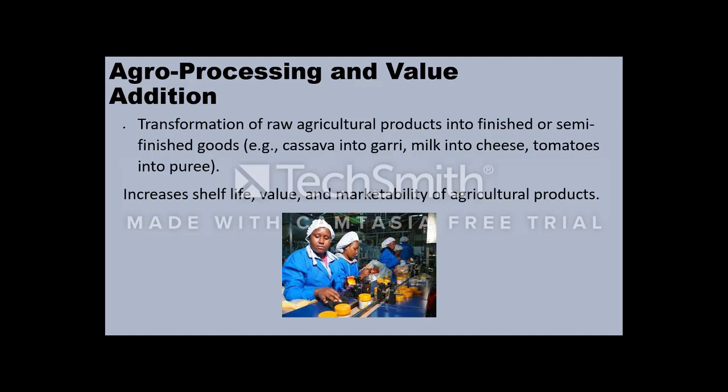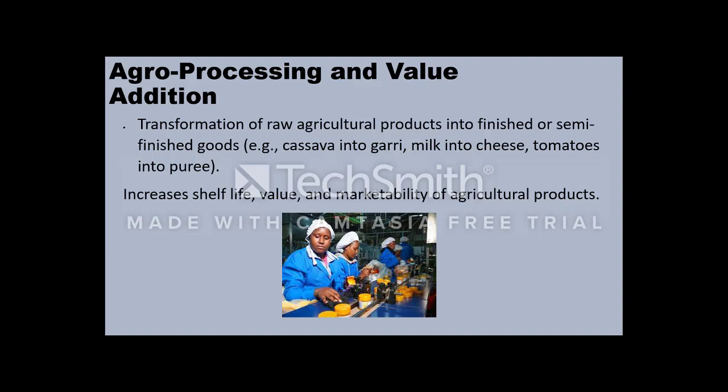For example, selling your cassava tubers fresh, because they can easily go bad, so you sell them at any price the farmers or the consumers are willing to buy. But if you convert your cassava to garri, garri has a longer shelf life and you get more value for your garri than selling it as cassava.